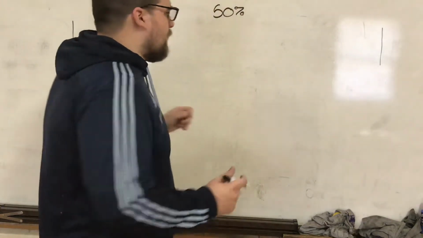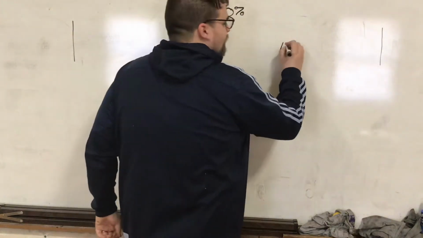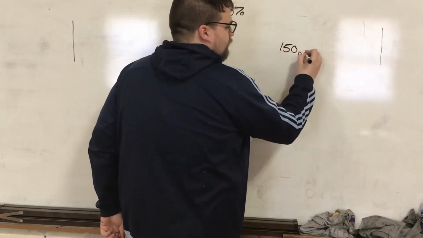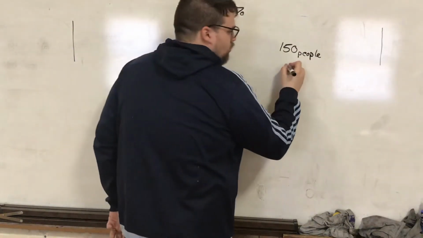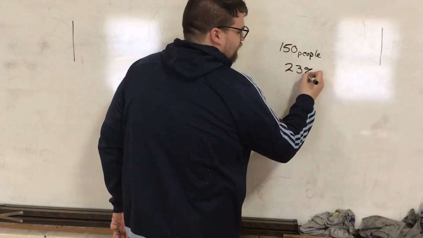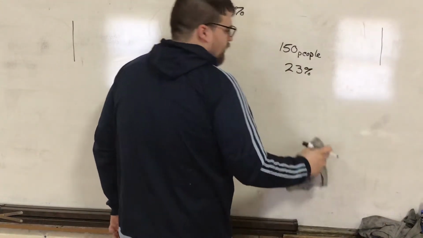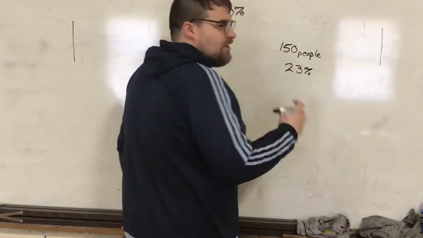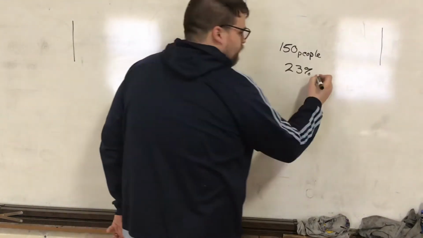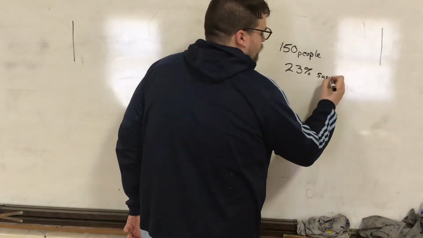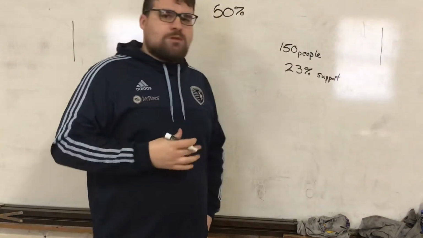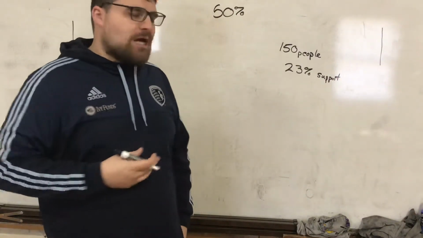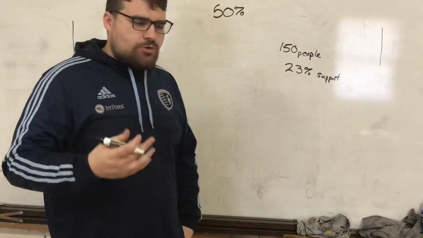So they survey 150 people in the city, and we get 23% of them that say they are in support of it. 23% support the measure, and we want a 50% confidence interval. So here's what we've got to do.